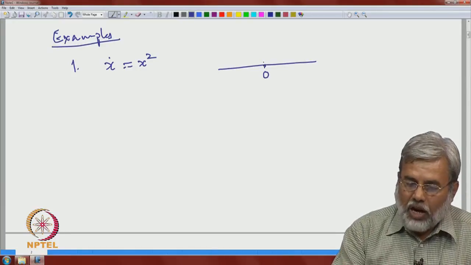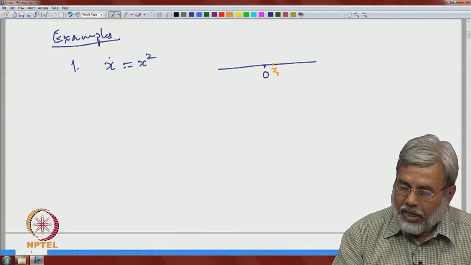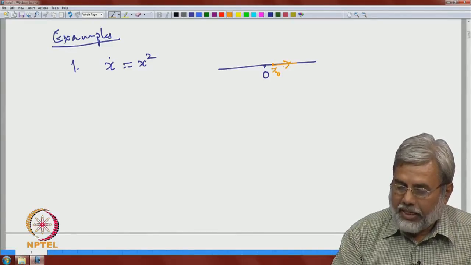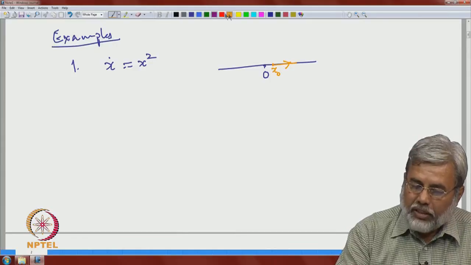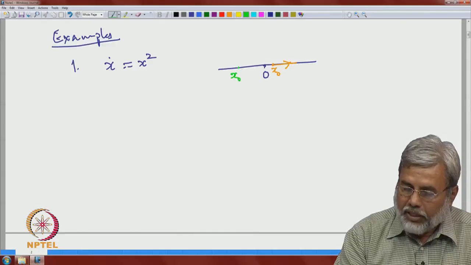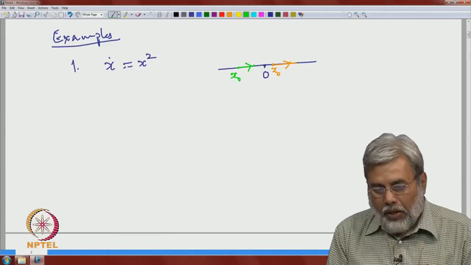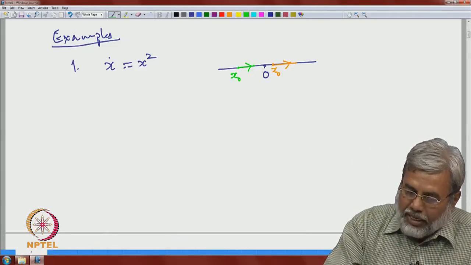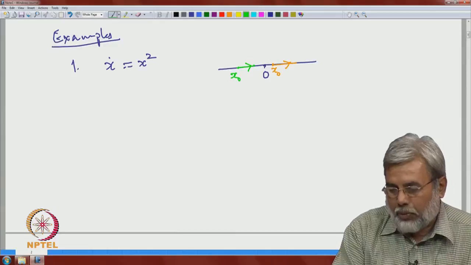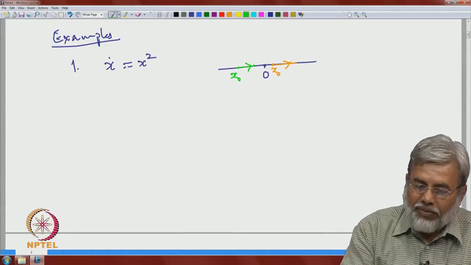So, if we start a solution with initial value x 0 positive, it will move in that direction, and if we start a solution with x 0 negative, then it will move the other way. This we already worked out. If I start the solution in the neighborhood of 0, on the left side it approaches 0, but on the right side it goes away from 0.